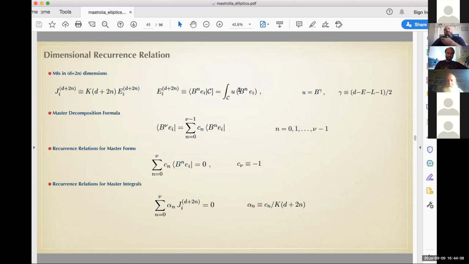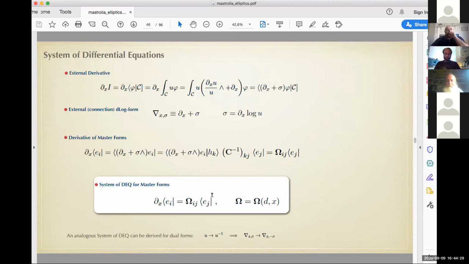We know that the application of a power of the Baikov polynomial acting on an integral generates a higher dimensional integral, and therefore, by a suitable change of basis and using directly our decomposition formula, one obtains the recurrence relation for master integrals.